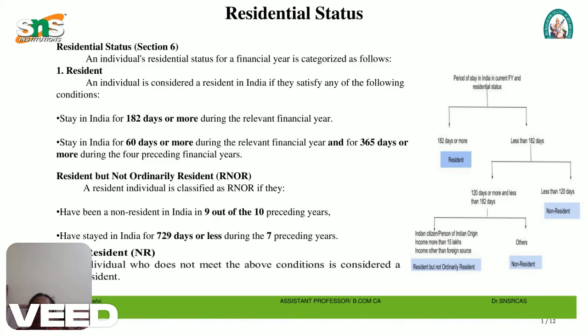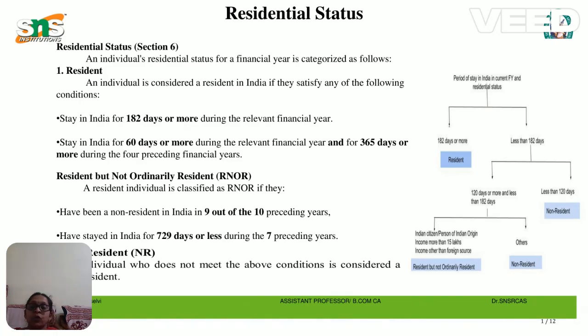Under section 6 subsection 6, the person will fulfill the condition that out of the 10 preceding previous years, for 9 years he stayed in India, and in the 7 years preceding the relevant previous year, he was in India for 730 days. If both conditions are fulfilled, he is called a resident and ordinary resident.